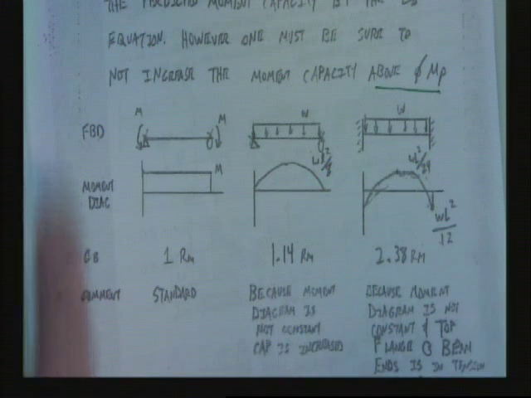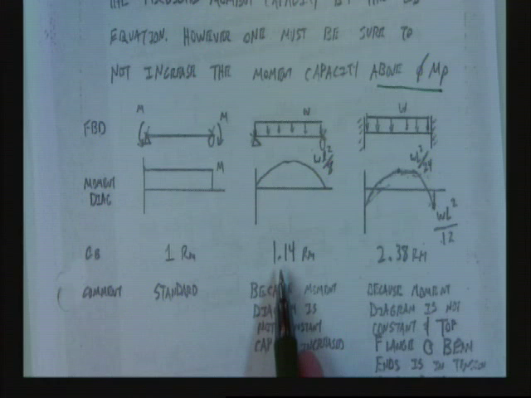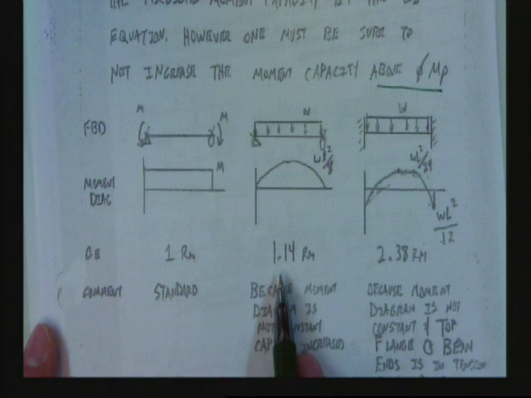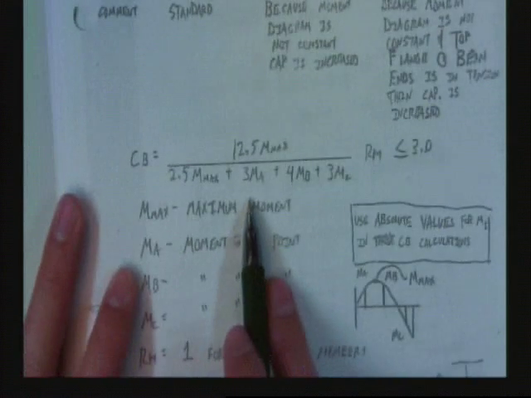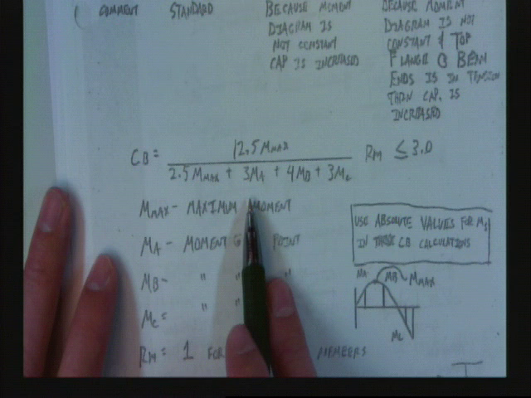So when I calculate a C_b factor of 1.14, it doesn't mean I would expect the capacity to be exactly 14% above what the normal equation would tell us. We are simplifying so much here into one single equation. We'll always expect it to be conservative, but we do not expect it to be accurate. You with me on that? If you want accuracy, what do you got to do?